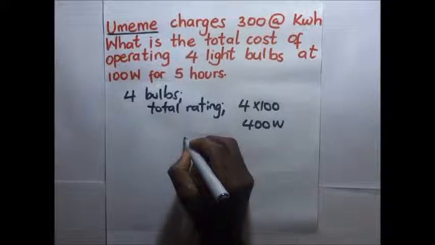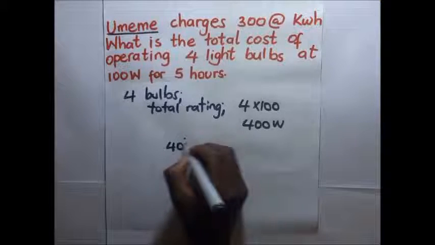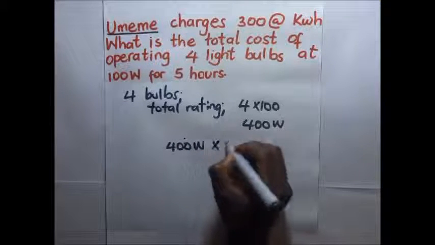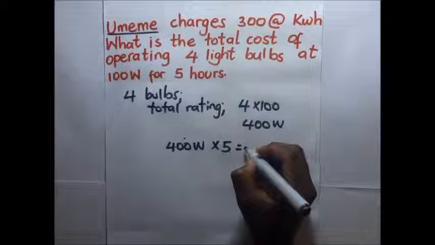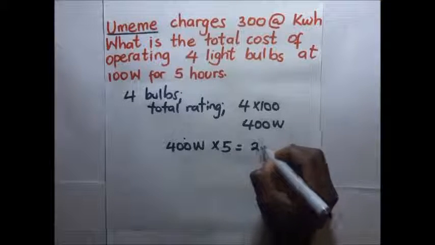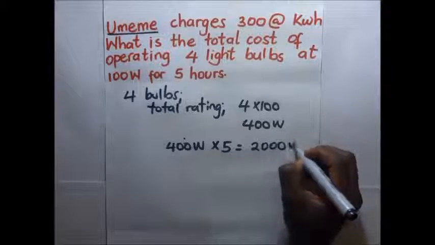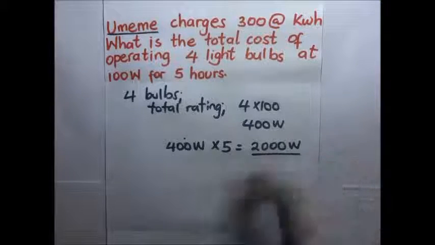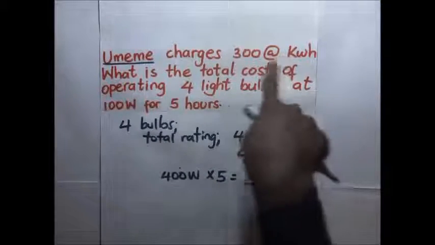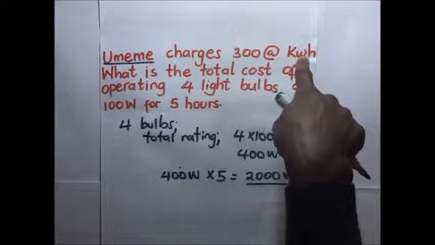So it's going to be 400 watts, multiplied by the 5 hours, and you end up with 2000 watts. But now this is 300 per kilowatt hour.